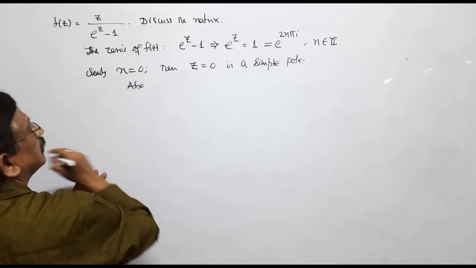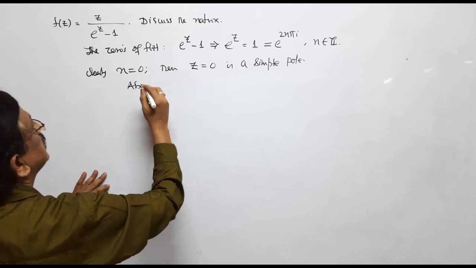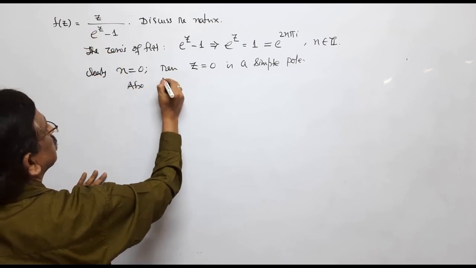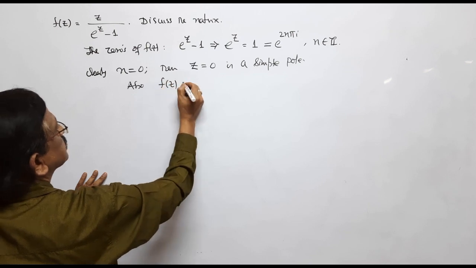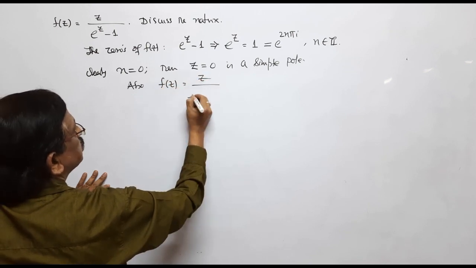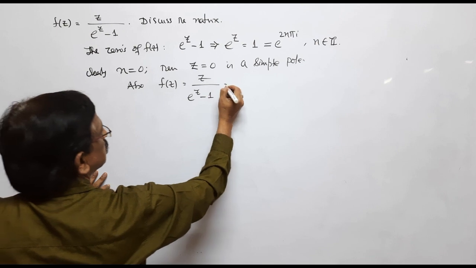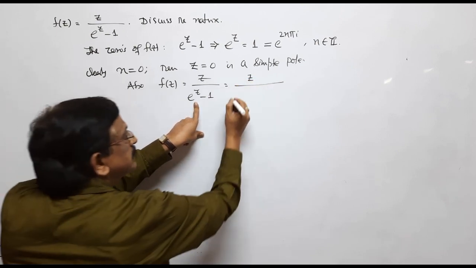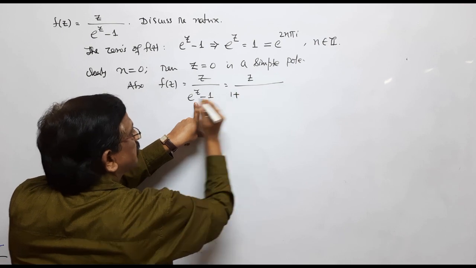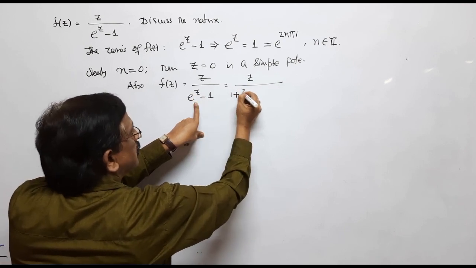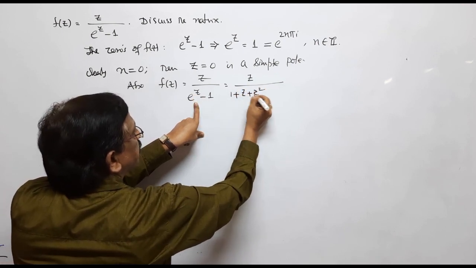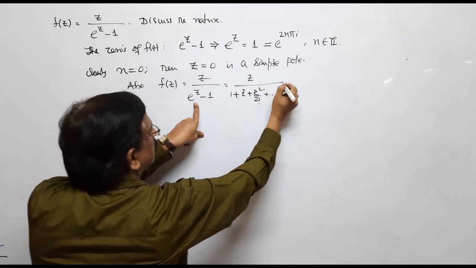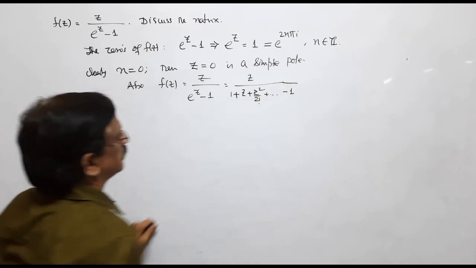Also, let us see f(z) as z by e power z minus 1, which is equal to z by the expansion of e power z, which is 1 plus z plus z square by factorial 2 and so on, minus 1.